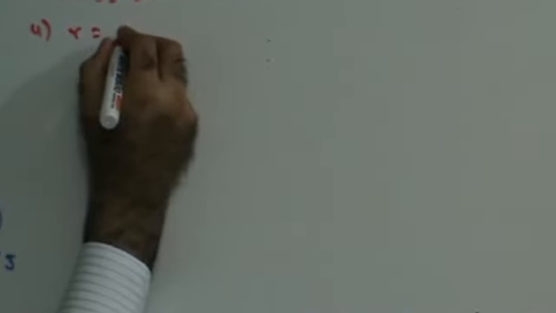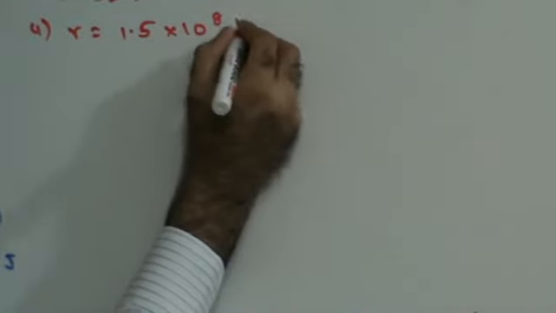Earth moves round the sun in a circular orbit of radius 1.5 into 10 raised to 8 kilometers.